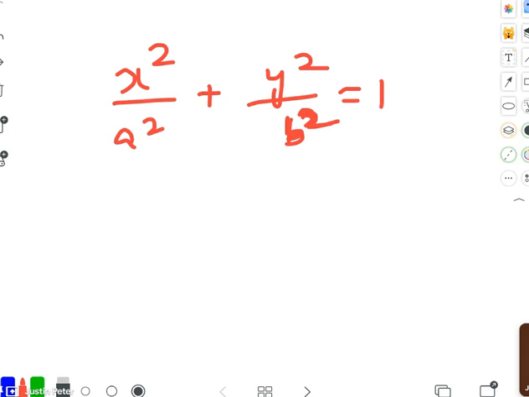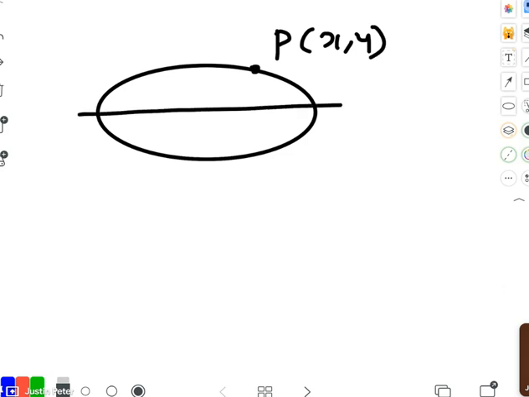Pretty simple. I'll just give you a small heads up how this is obtained. So P is any point on the ellipse.